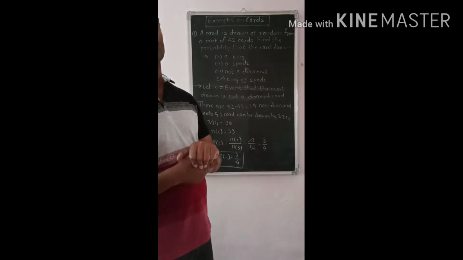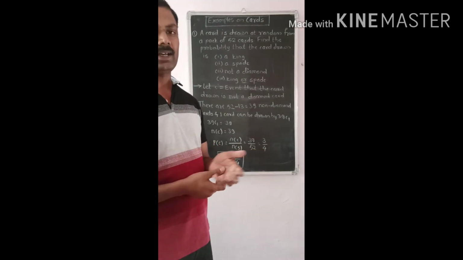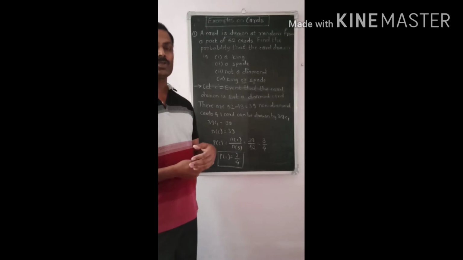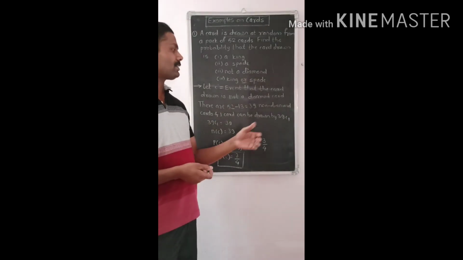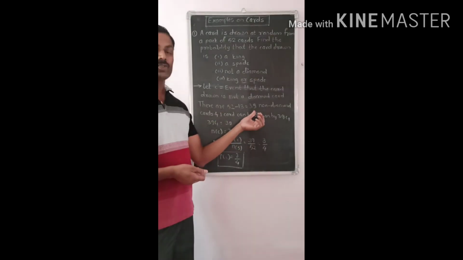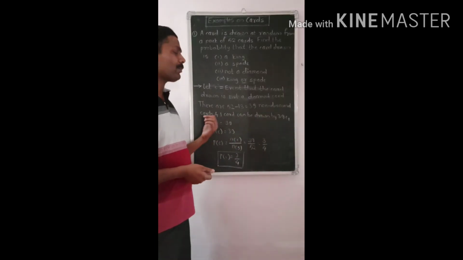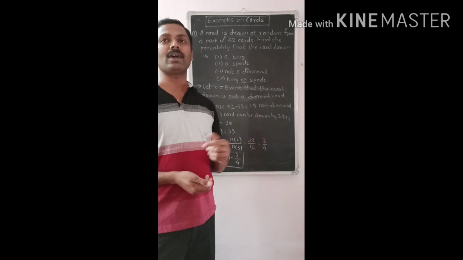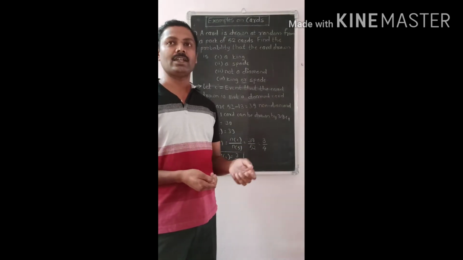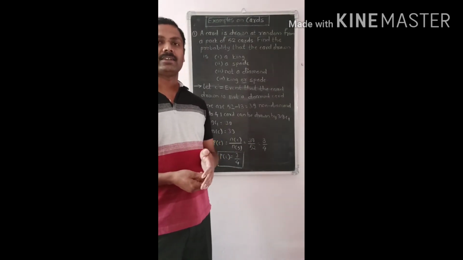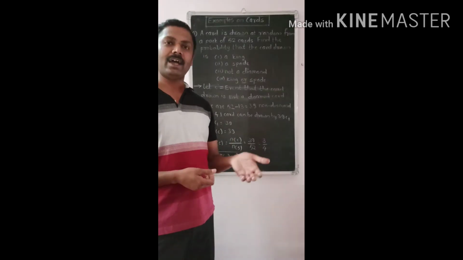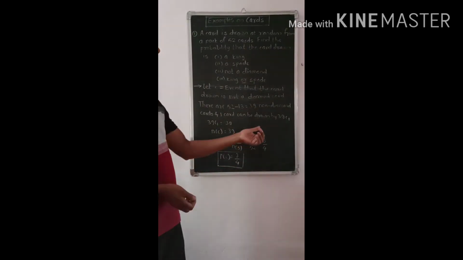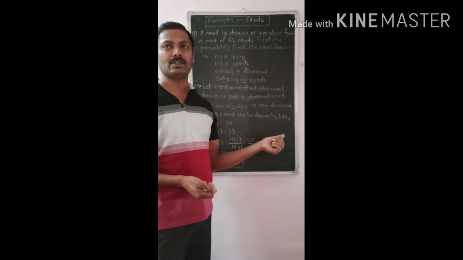Total diamond cards are 13 and total cards are 52. So 52 minus 13 is equal to 39. So we have 39 non-diamond cards, out of which we have to draw only one card. So here n is 39 and r is 1, so we can find it by 39C1 ways.